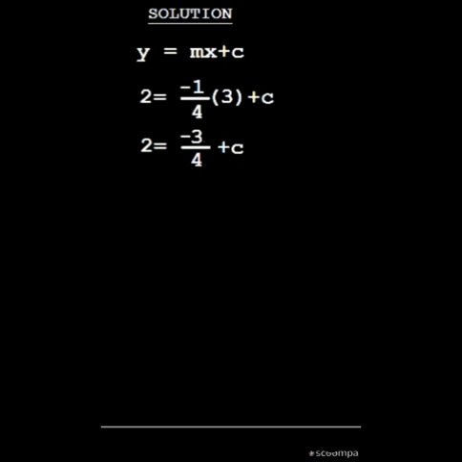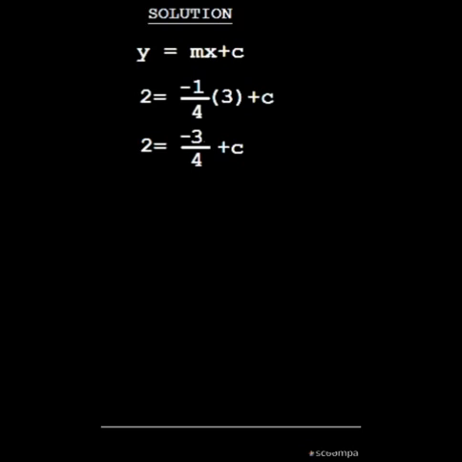The next thing we should do is to make c the subject of the formula by moving -3/4 to the left-hand side of the equal sign. Remember that when -3/4 is moved to the other side of the equal sign, it has to change the sign. This means that -3/4 will become +3/4.